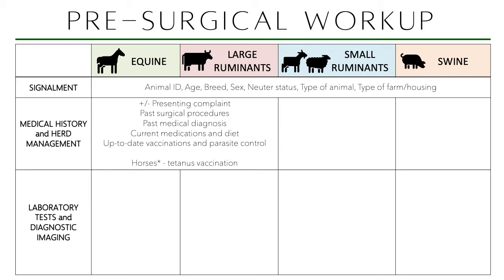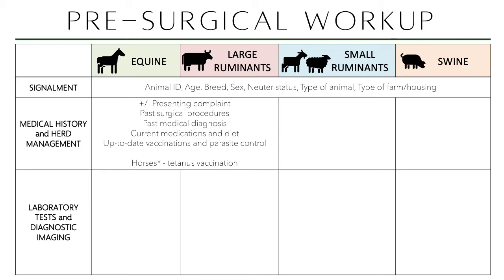Clostridium septicum would cause malignant edema. Clostridium novyi would be black disease, and of course, Clostridium perfringens would cause different types of enterotoxemia, and Clostridium tetani would cause tetanus, which is very much lethal for horses and cattle and any other mammal, right? Unless you have the antitoxin for it.